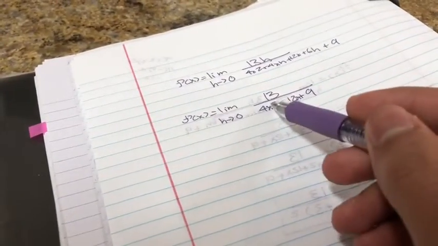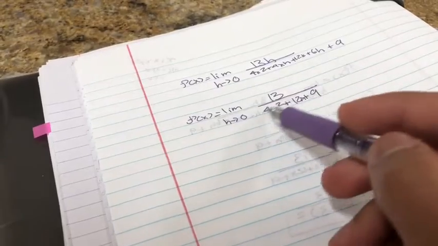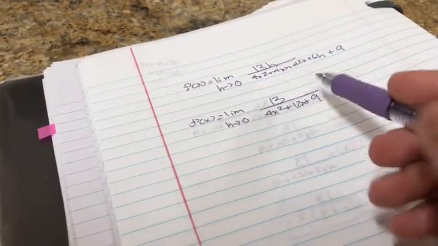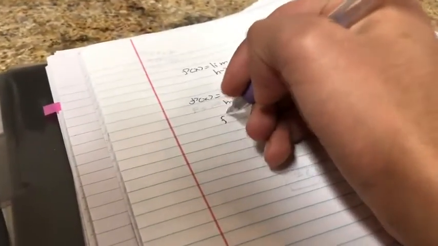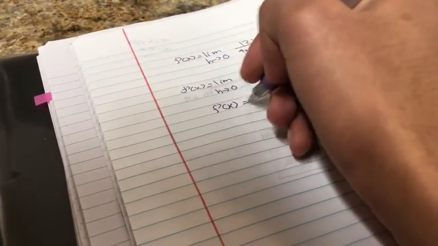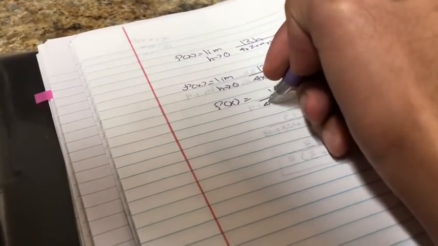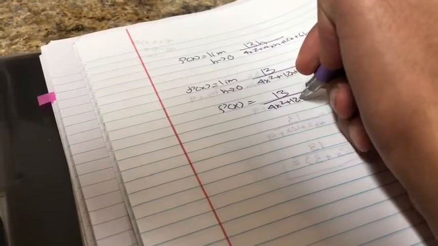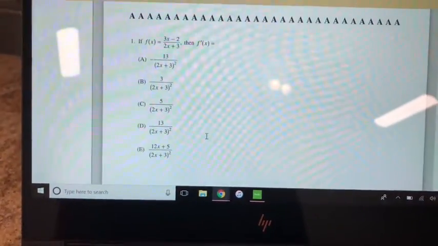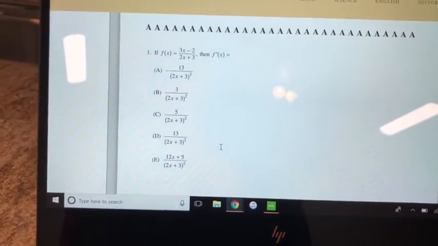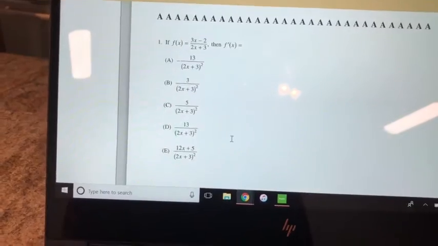And there are no h's in the remaining problem, so this is the limit itself. So the derivative f prime of x equals 13 over 4x squared plus 12x plus 9. So the AP test problem has the answers with denominators as simplified.